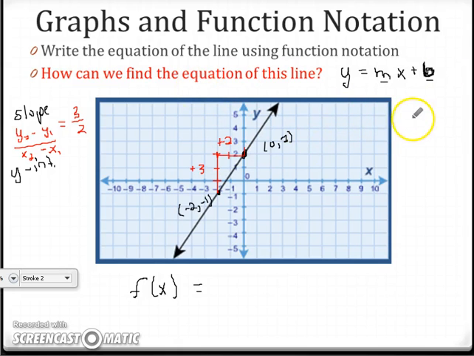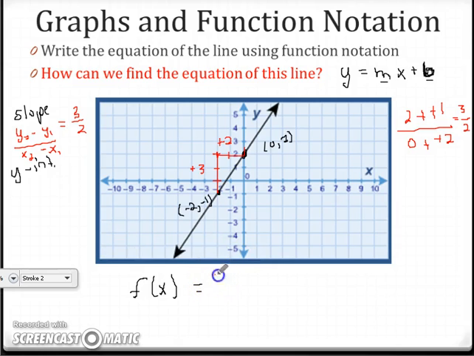The difference in the y values, so 2 minus a -1, and then 0 minus a -2 for the x values. Subtracting a negative, you add the opposite. So you have 3 on the top, and 0 minus a -2, add the opposite, you get 2 on the bottom. So you still get that slope of 3/2.